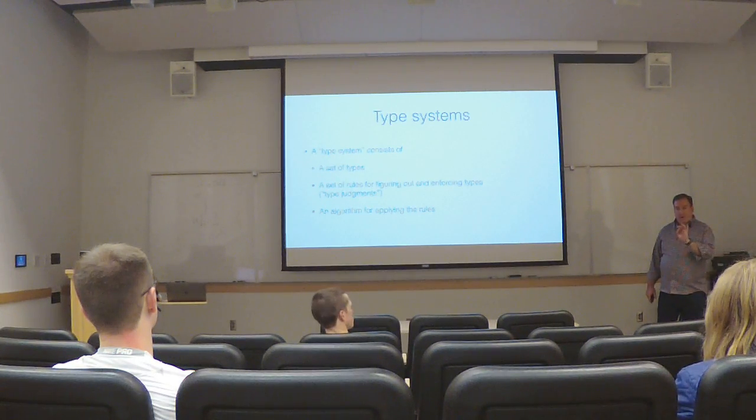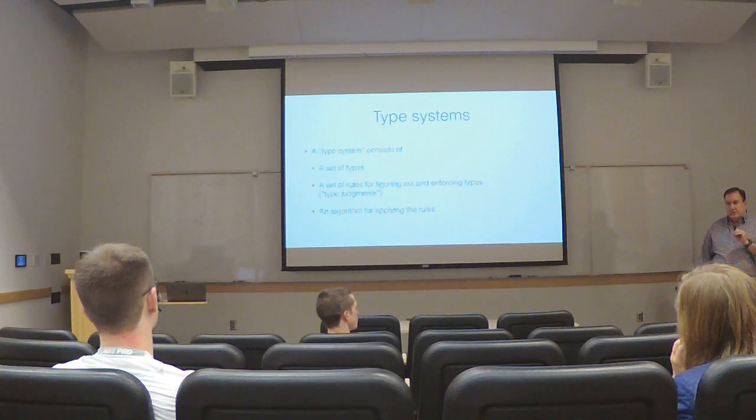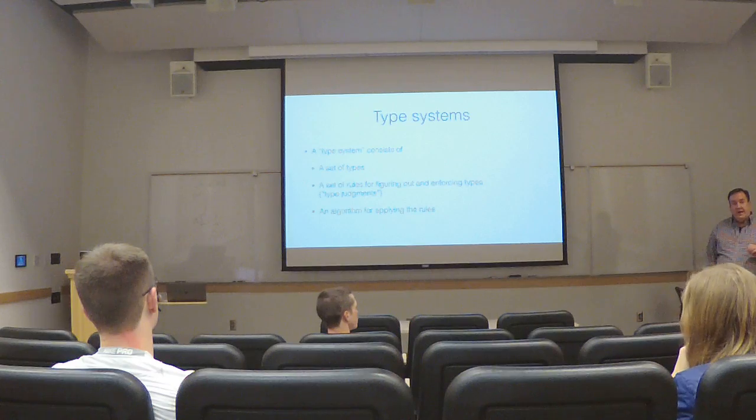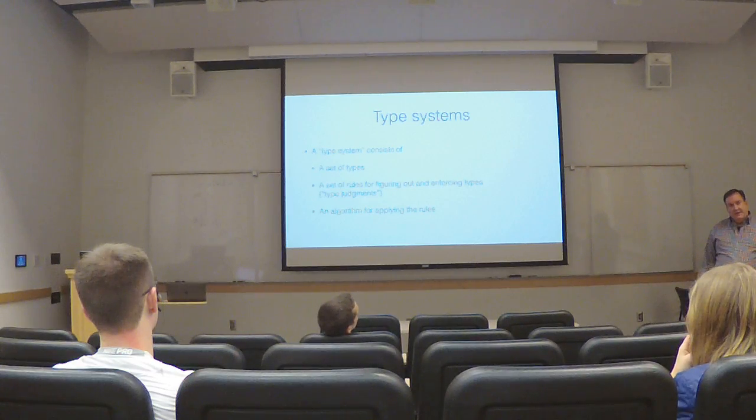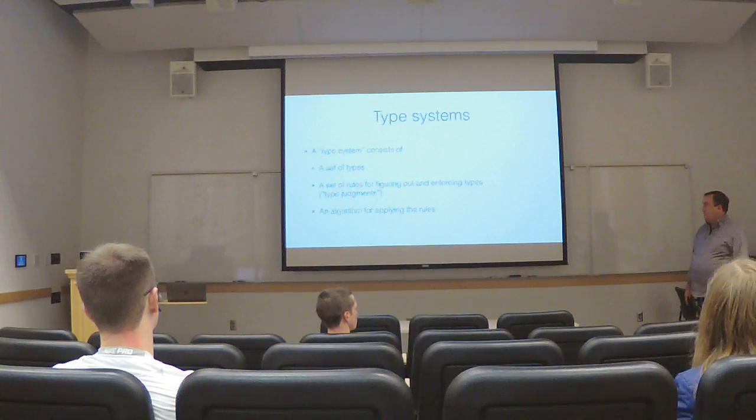And one of the ways we're going to frame that is we're not going to say the result of a plus is a number. We're going to say things like, if A is an int and B is an int, A plus B is an int. Otherwise, I have no rule for determining what A plus B is. And that is then taken as a type error.